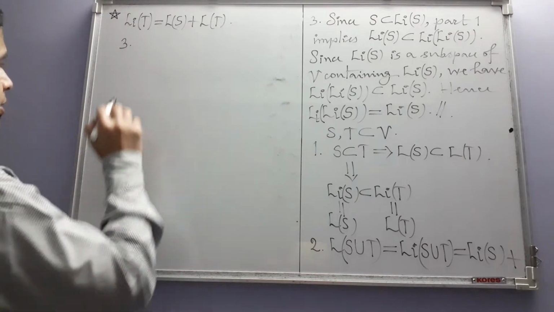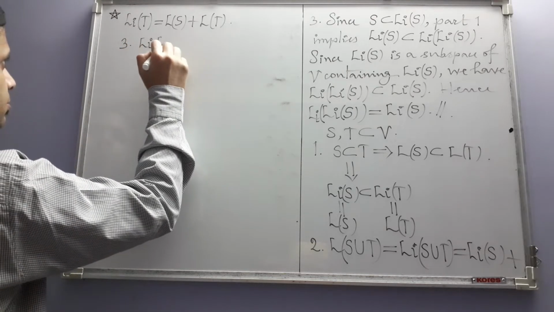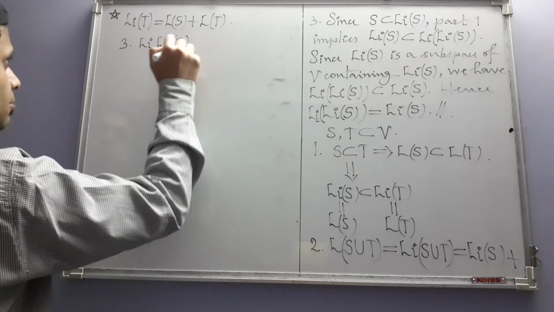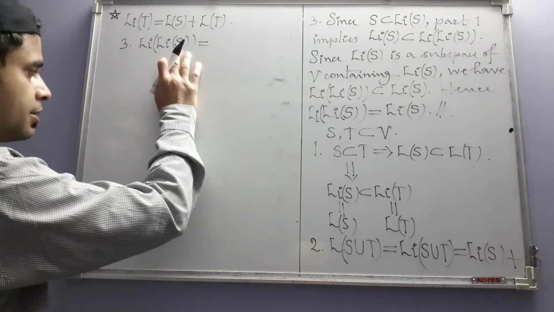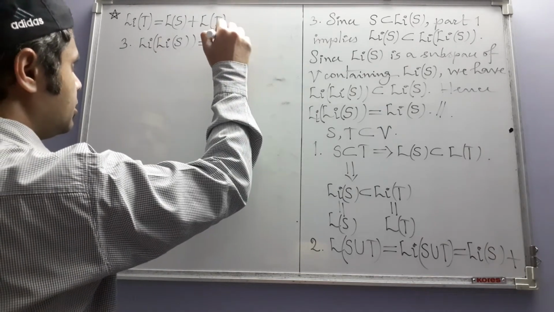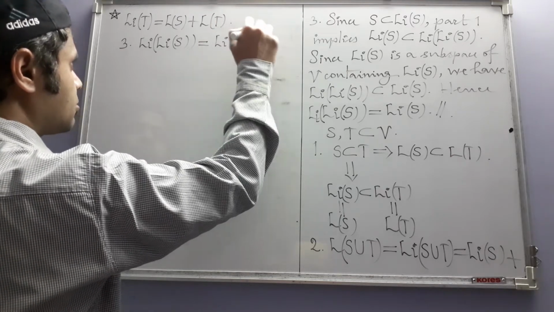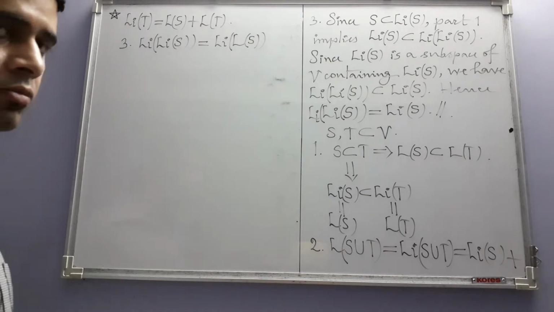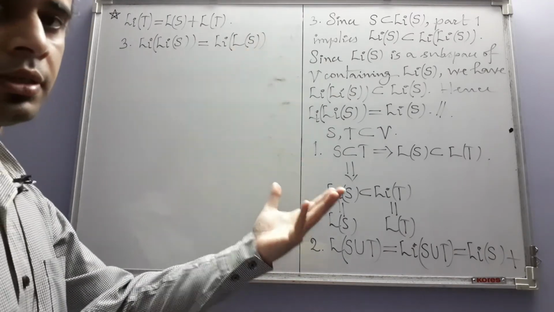In part 3, something similar happens. Because S is non-empty, the Li inside is L of S. And we already know that L of S contains S as a subset.